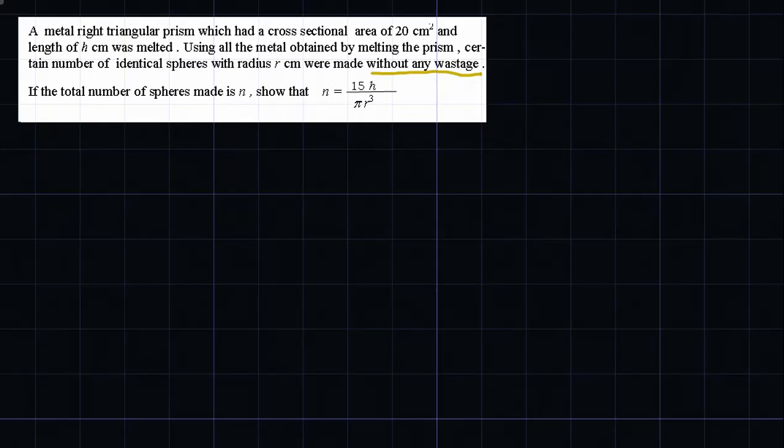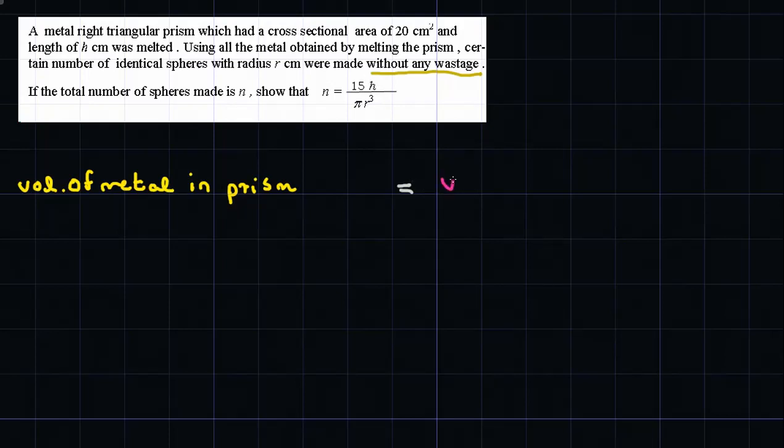So what is it? Volume of metal in prism, or volume of metal while it was a prism, is equal to what? The new thing that has been made using the metal. What is it? Spheres.